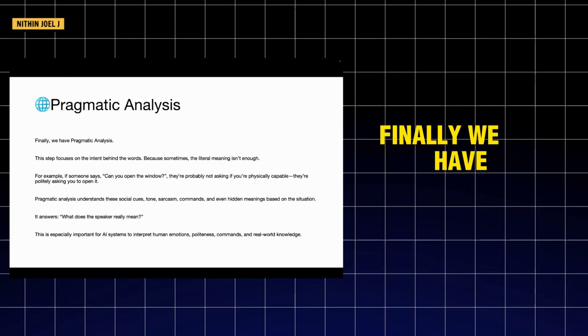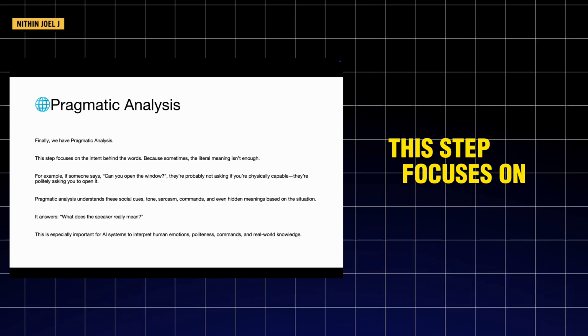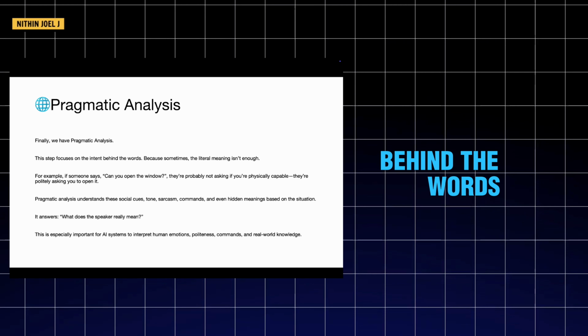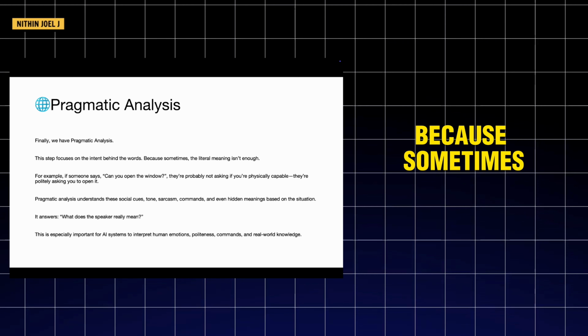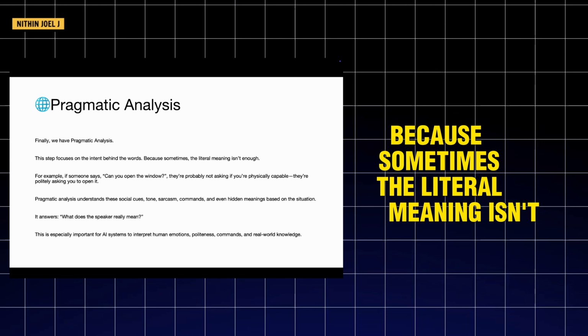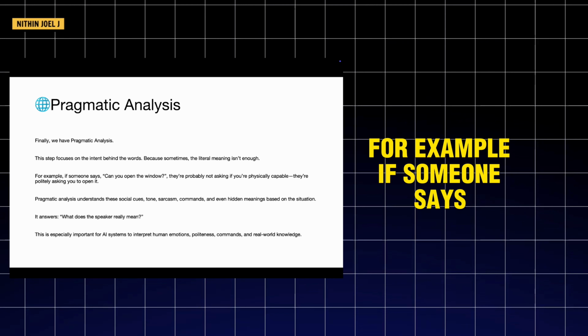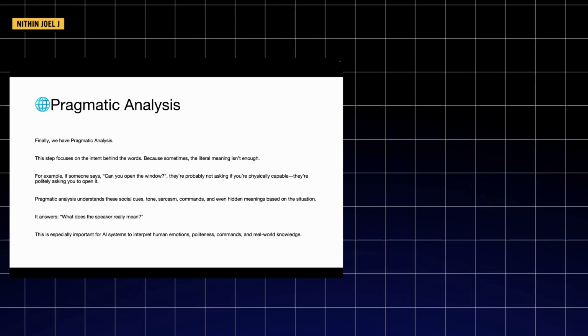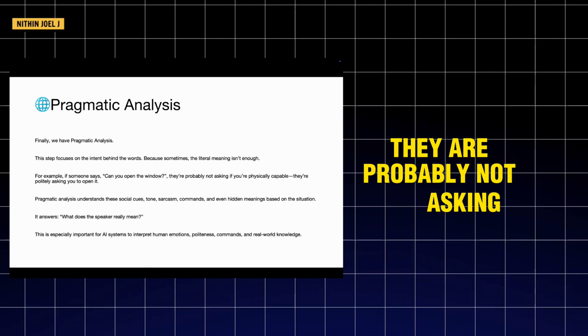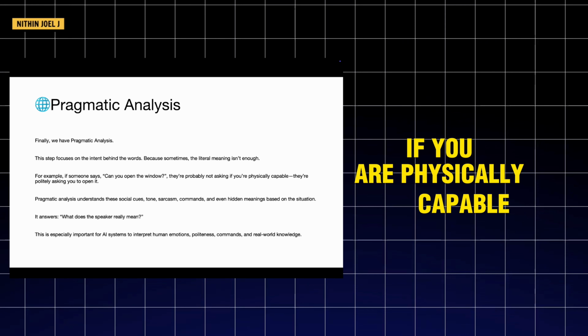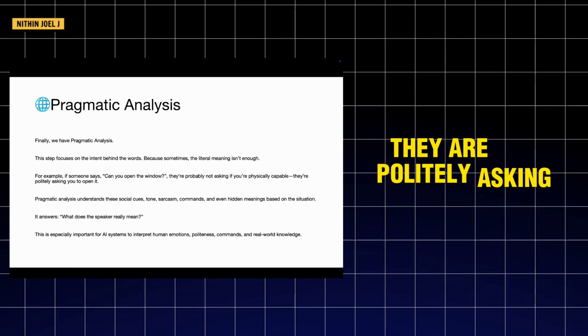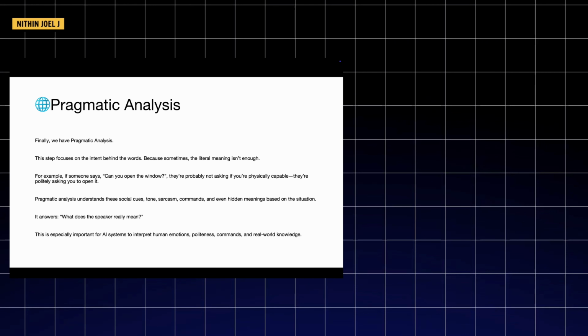Finally, we have pragmatic analysis. This step focuses on the intent behind the words, because sometimes the literal meaning isn't enough. For example, if someone says, can you open the window? They are probably not asking if you are physically capable. They are politely asking you to open it.